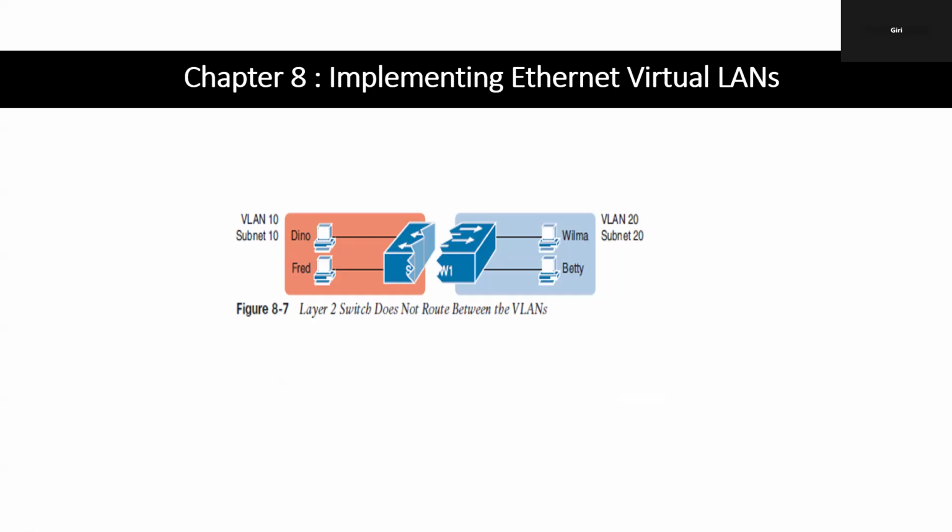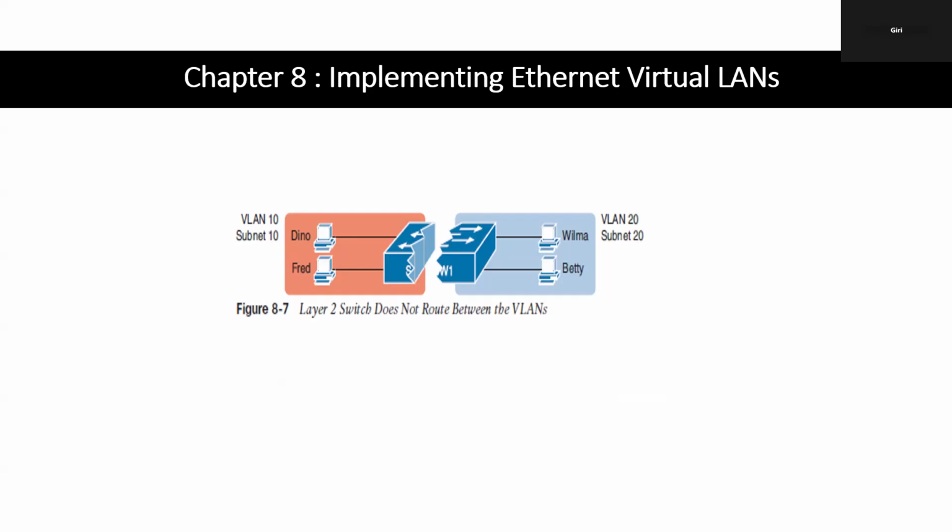That happens when frames are ingressing into a port on the switch, and that port is in a specific VLAN, dedicated for traffic within that VLAN, aka broadcast domain. Tags are only added whenever traffic is sent between interconnected switches, and that's done by design.